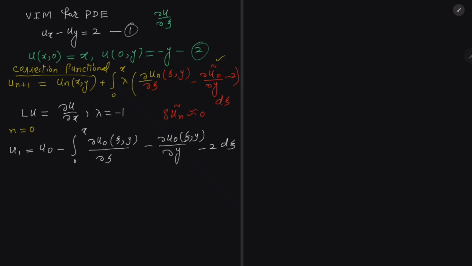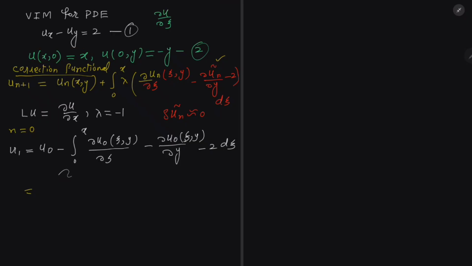Remember that although we showed this as u_n tilde, this is only for the theory. In the theory we have put this equal to 0, but in calculation we use this term over here. So u0, the initial guess, will be coming from this equation, u(x,0) equal to x.